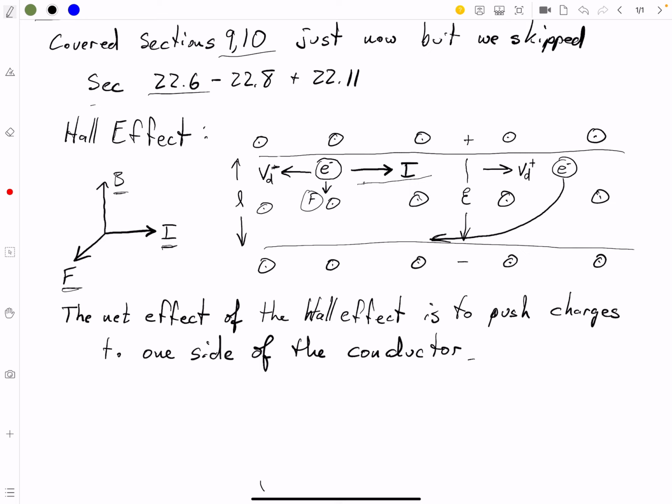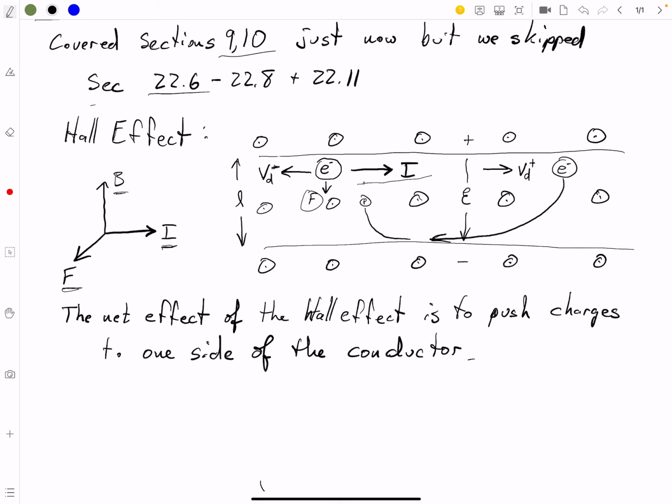So if it's a positive charge going in the other direction, a hole or whatever you want to think of it, maybe a loose hydrogen proton, it also has a force that forces it down. Let's call it a proton.